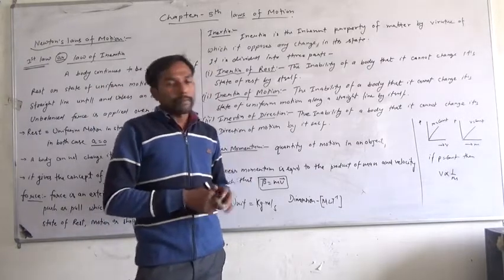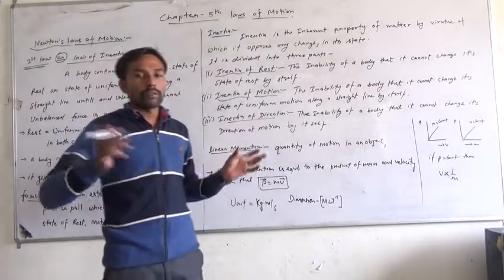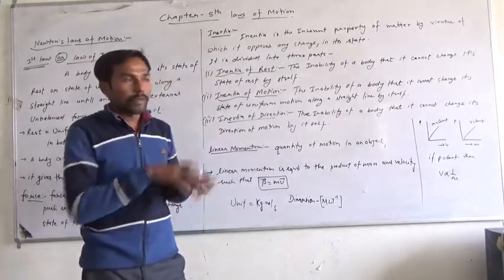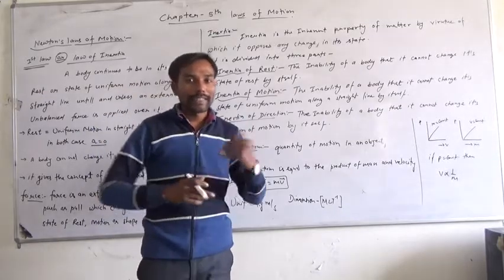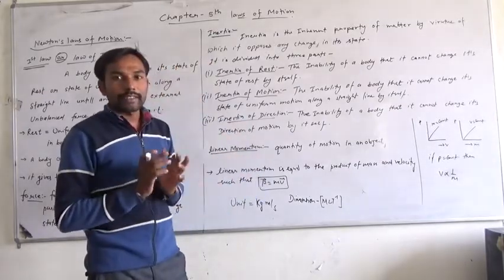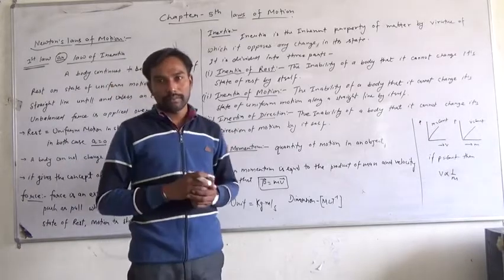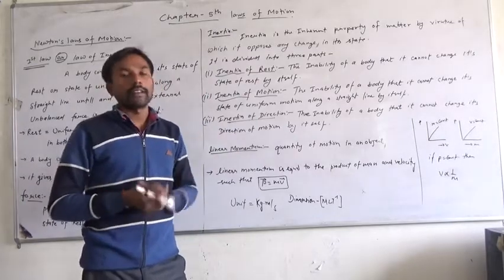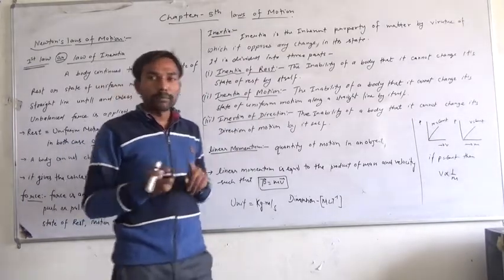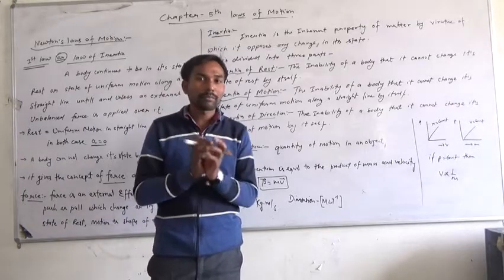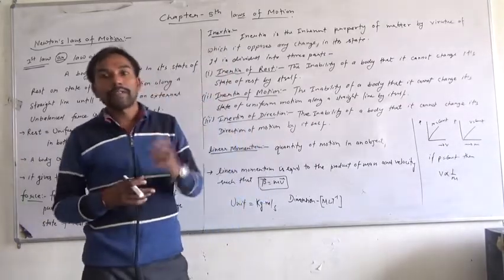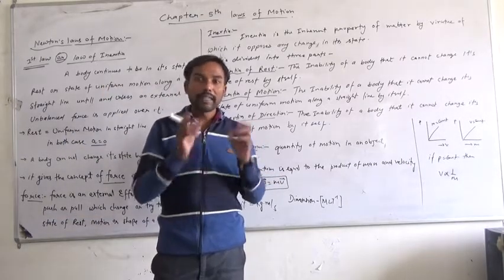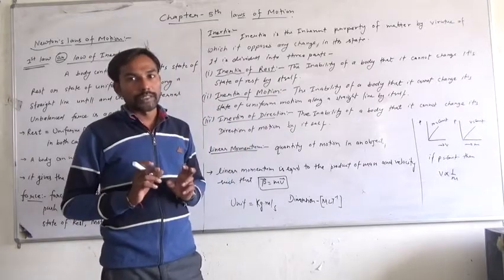For example, if we consider that there is a truck and there is a car, and we have to move both, then we realize that to move the car is easy, while to move the truck is difficult compared to the car, because there is a change in mass between the two objects. The car has lesser mass while the truck has greater mass than the car. So it means if we want to apply force, then the force will depend on the mass of the object.